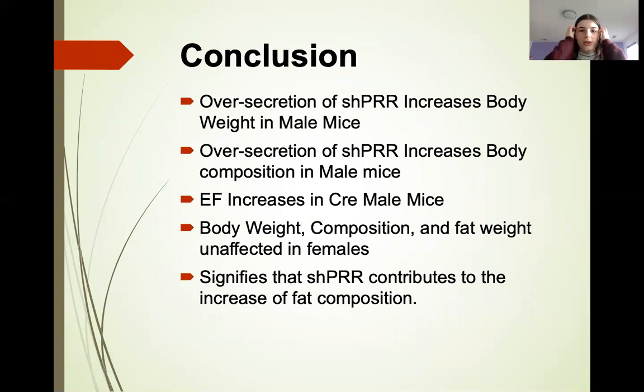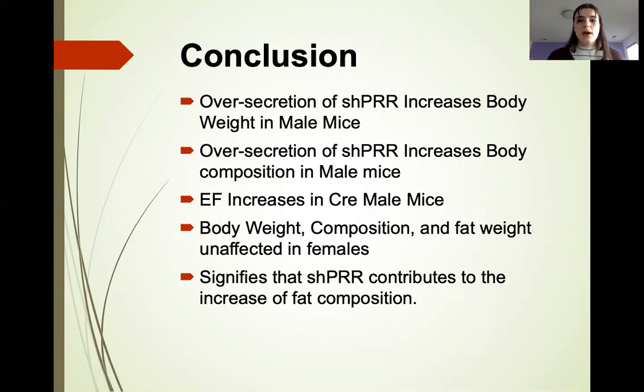So in conclusion, the oversecretion of sPRR increases body weight, body composition, and fat mass in male mice, but we weren't seeing it in female mice, which could be because females and males are really different throughout all animals, so that could be a factor.